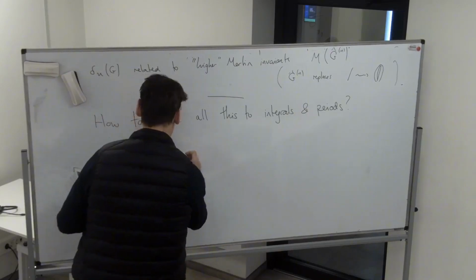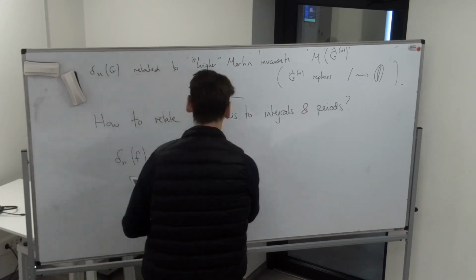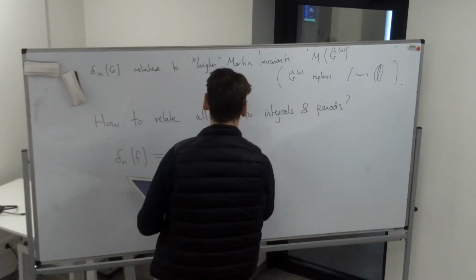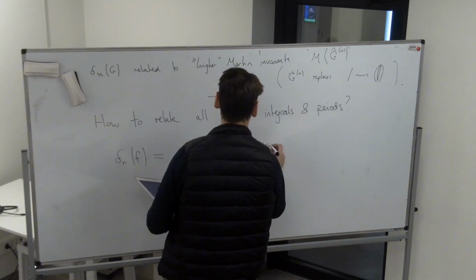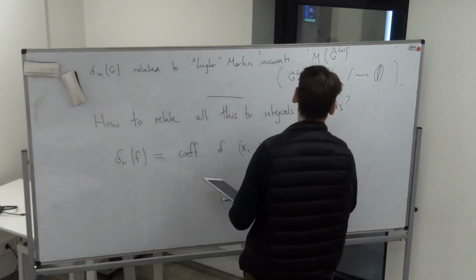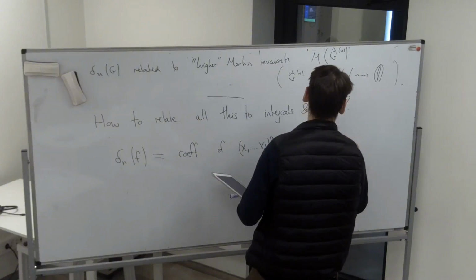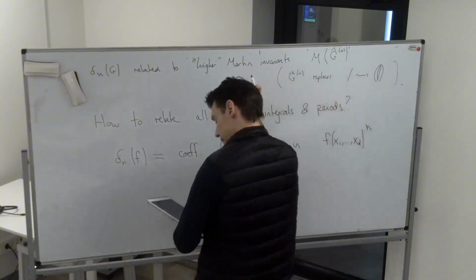So this is very well known. Delta n f by definition was the coefficient of x1 up to xd to the n in f to the n.